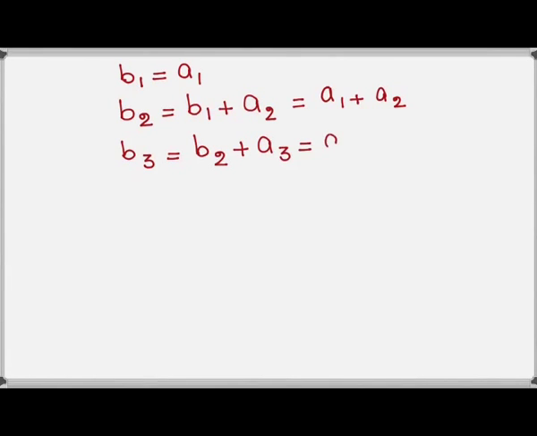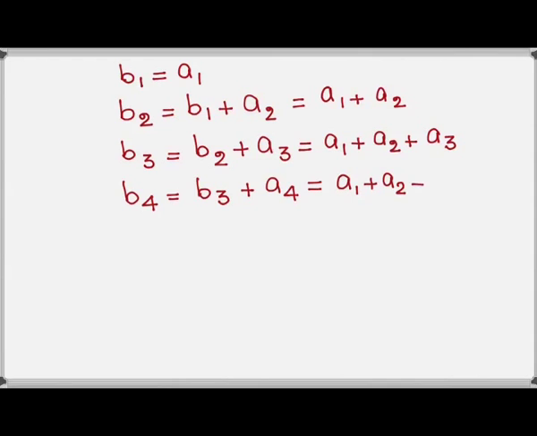So b3 is equal to a1 plus a2 plus a3, and b4 is equal to b3 plus a4. So b4 is equal to a1 plus a2 plus a3 plus a4.